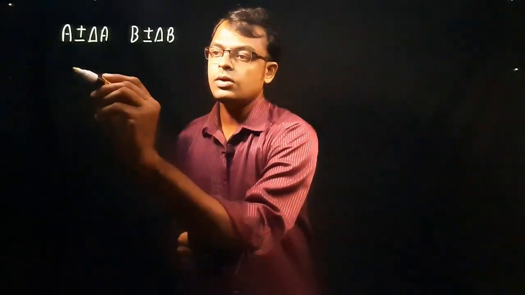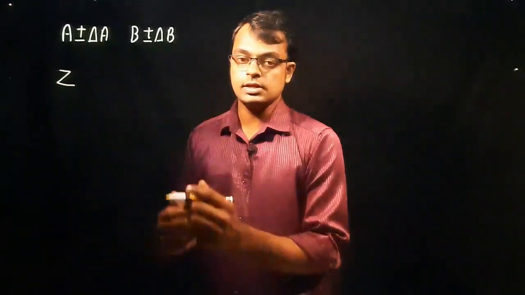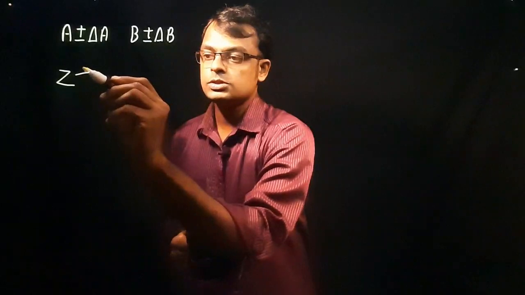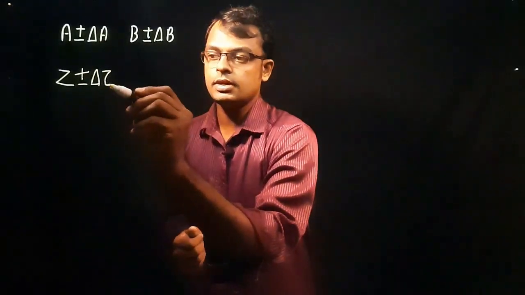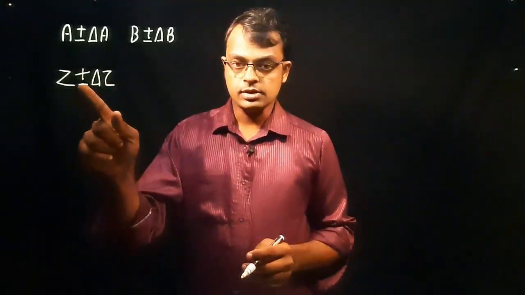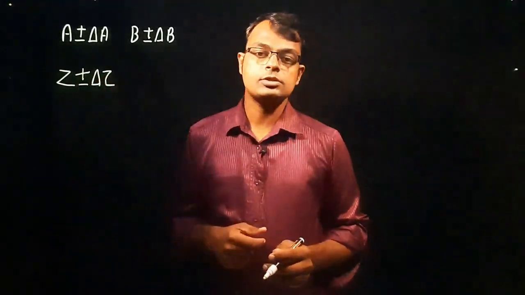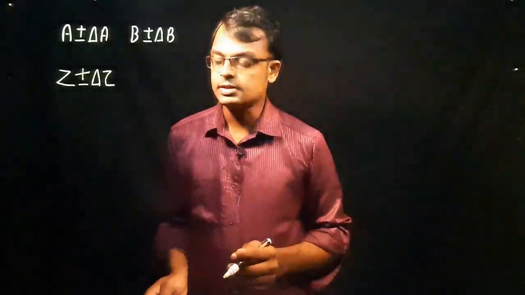So we can write this equation as the final result, Z plus or minus delta Z. What is the meaning here? Z is the final result, and plus or minus delta Z is the absolute error in the final result.